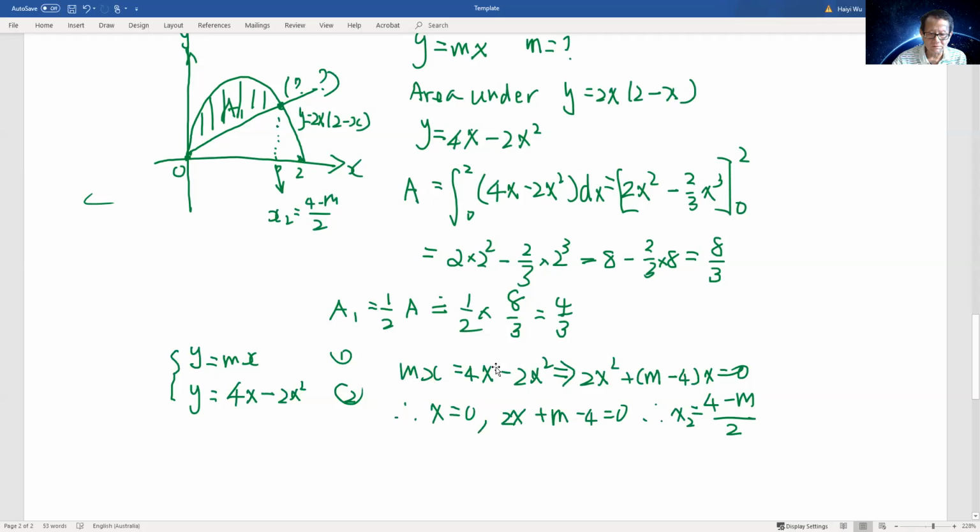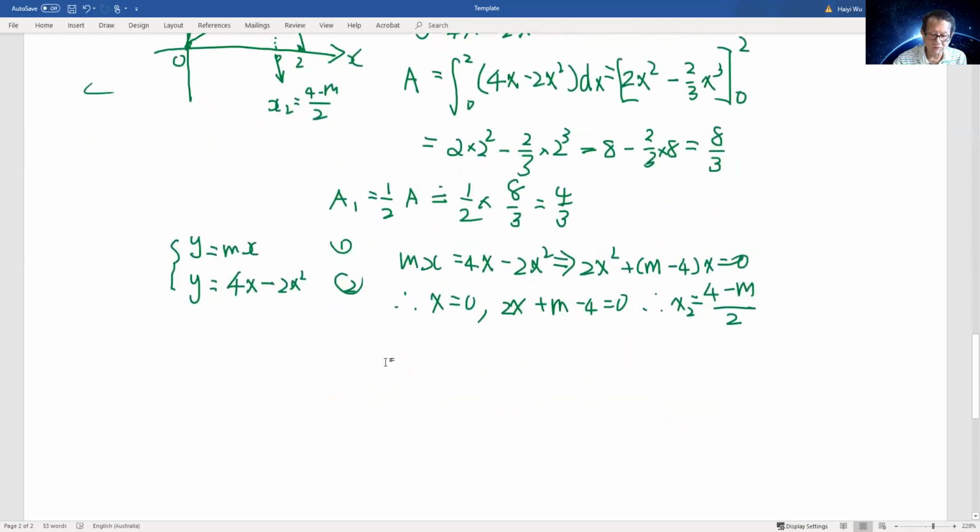So we got that. Now we can use the area between curves. We call it area 1. The area between curves is from 0 to x2, which is (4 minus m) divided by 2. We use the top curve, which is 4x minus 2x squared, that's the parabola, minus mx, which is the linear equation.